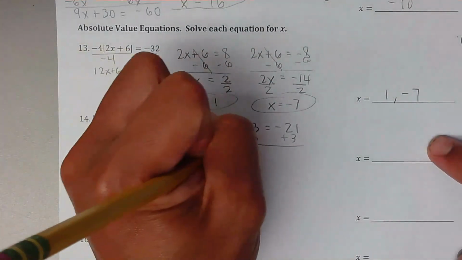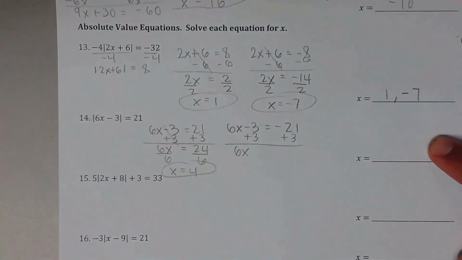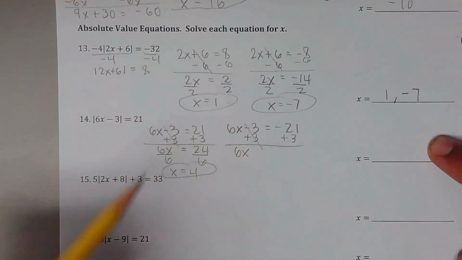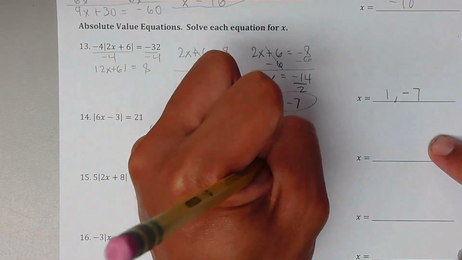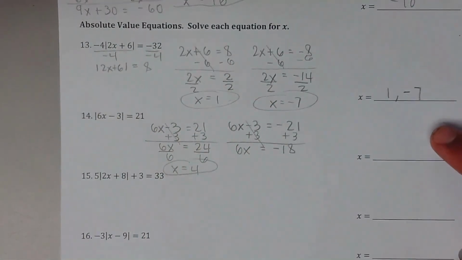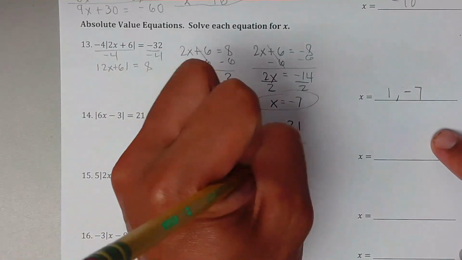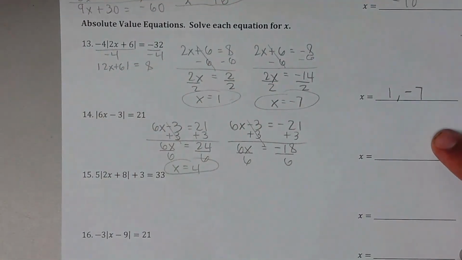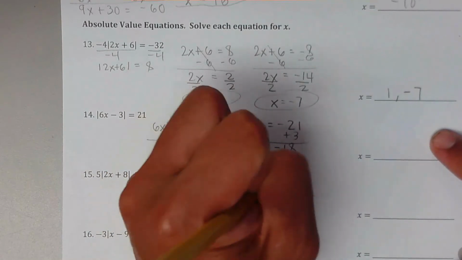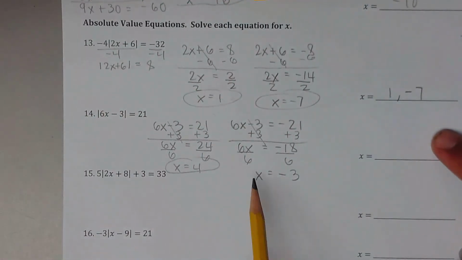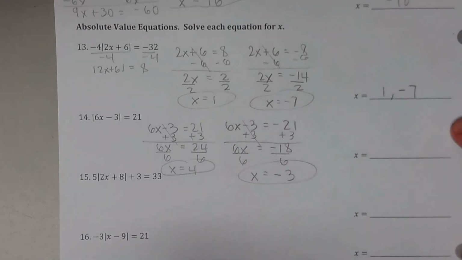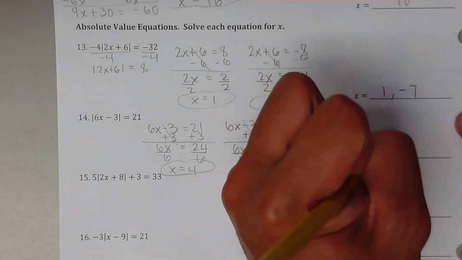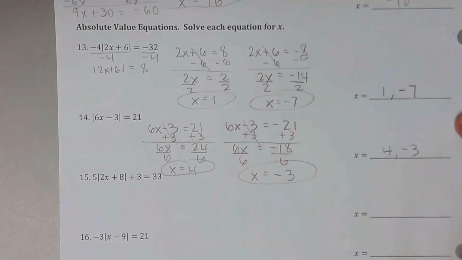We get 6x on the left-hand side, so that cancels out, and then we get is equal to negative 18. Dividing both sides by 6, we get x is equal to negative 3. So our final answer, 4 comma negative 3.